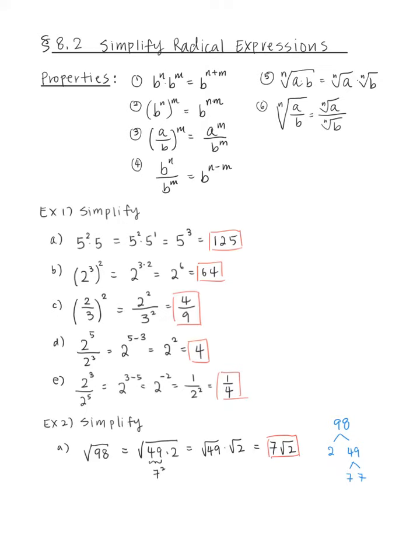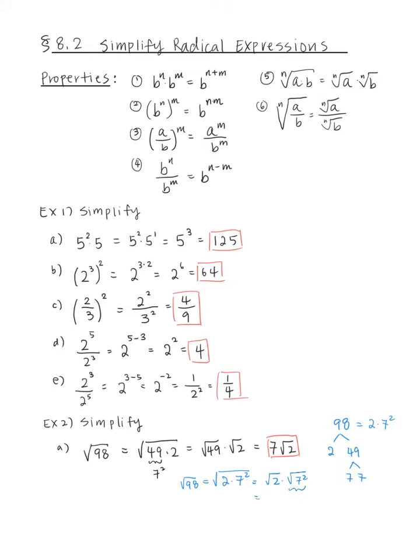So therefore, let me just write the way I do it in blue. The square root of 98 is the same thing as the square root of 2 times 7 squared. So this is the same thing as the square root of 2 times the square root of 7 squared.